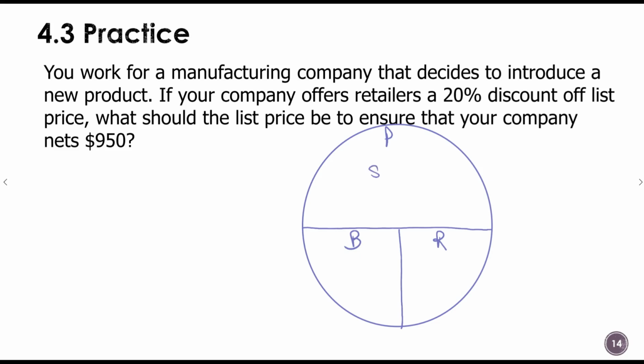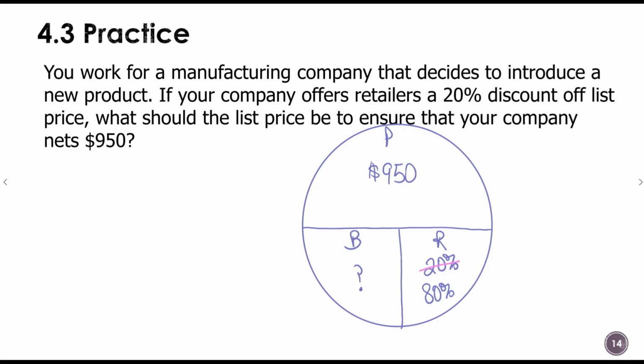So 950 is actually the portion, right? Because it's the net amount, and you're looking for a bigger number, right? What should my list price be? And now the 20% is the discount, but you need 80%, right? 80% of your list price will be 950, if that makes sense.